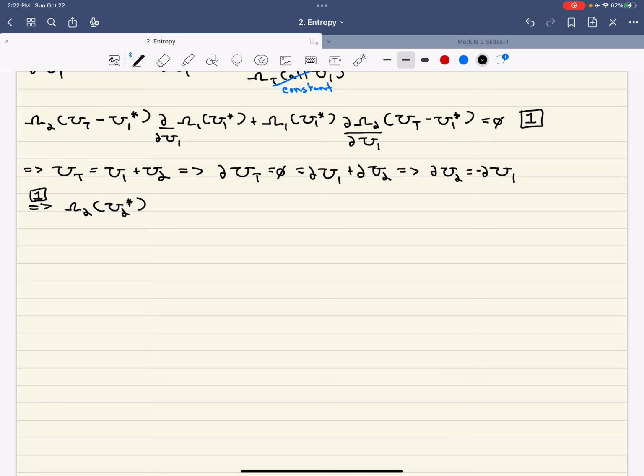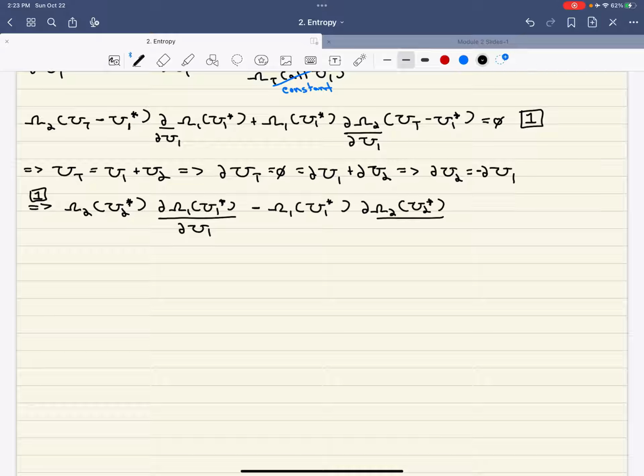So this is d omega 1 of U1 star divided by dU1, minus omega 1 of U1 star times d omega 2 of U2 star over dU2, right?